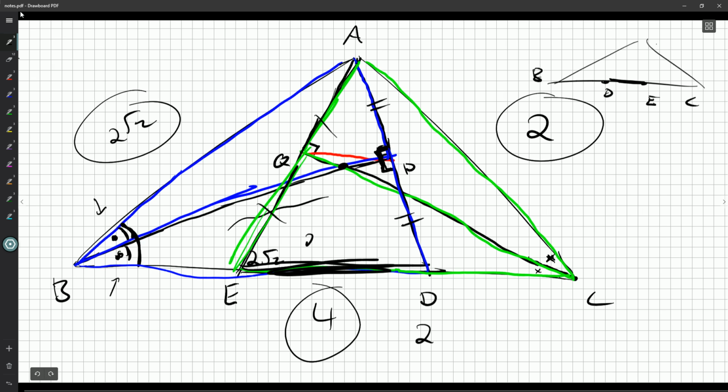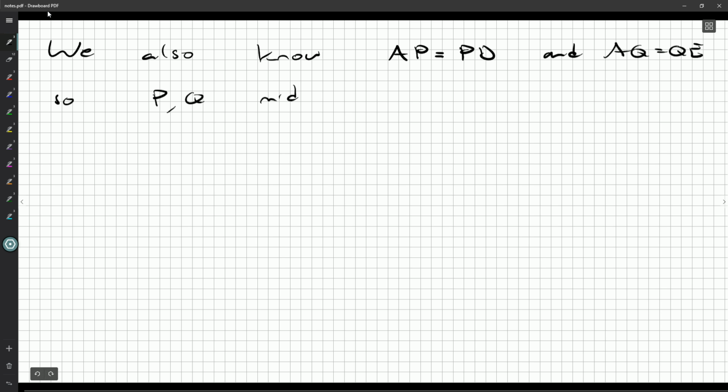So now I've got that, 2 root 2 minus 2, but then we also know that AP is PD, and AQ is QE. So P and Q are the midpoints of AD and AE respectively.